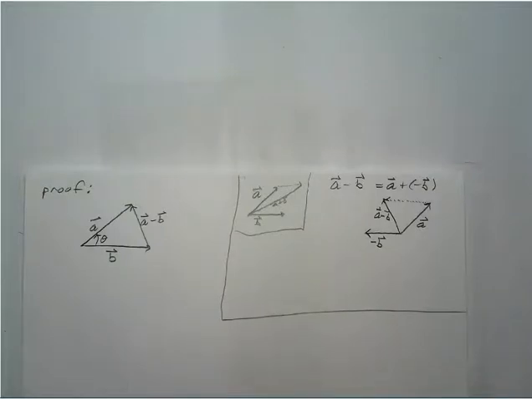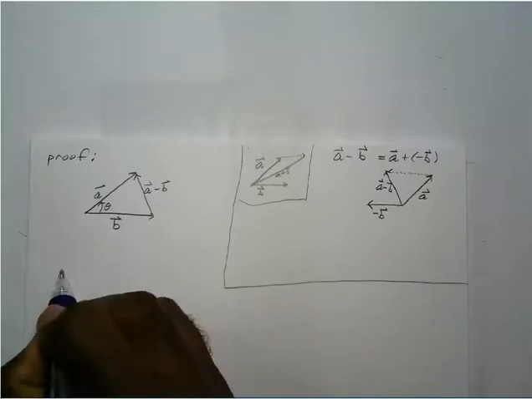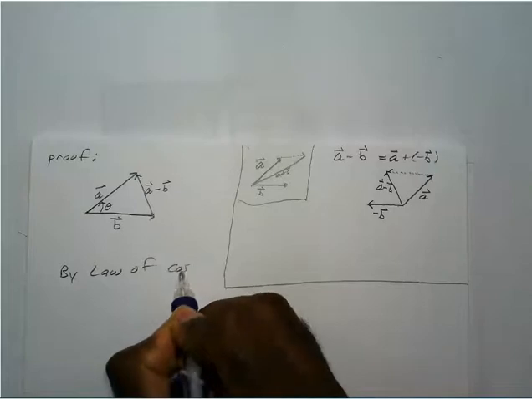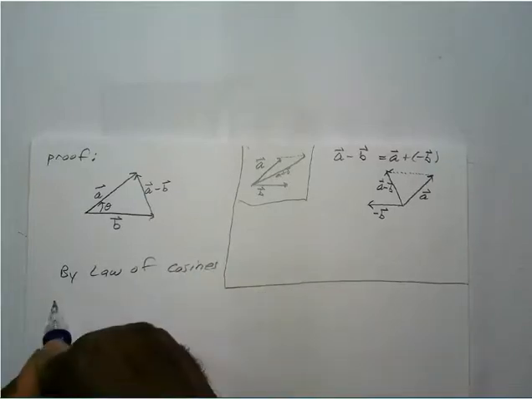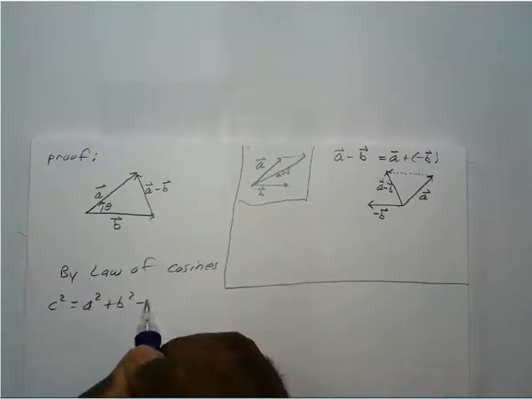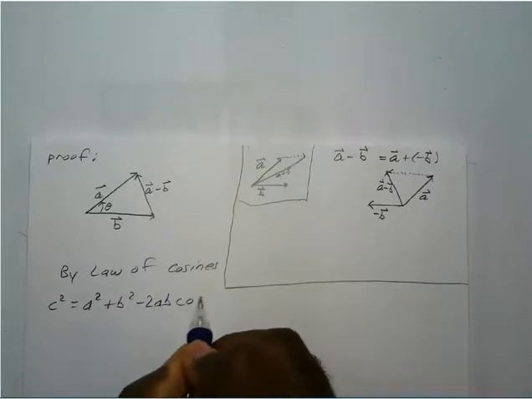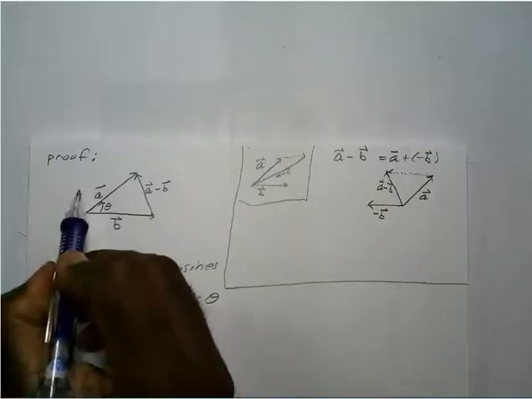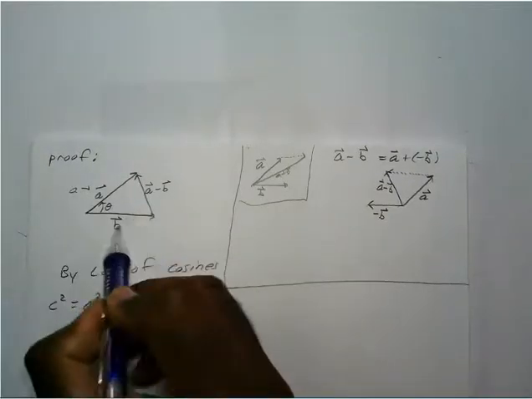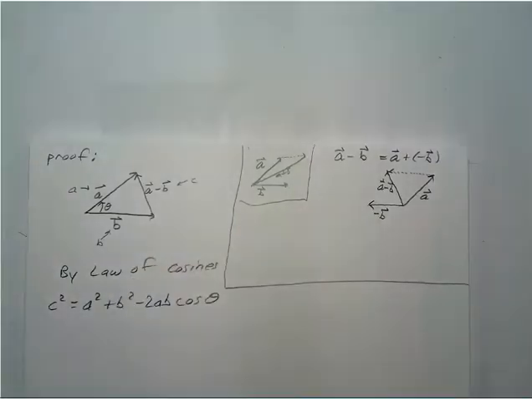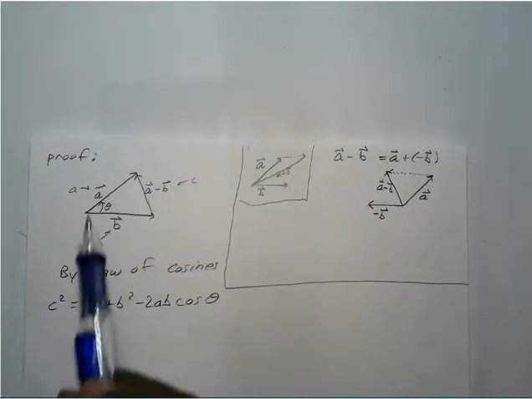Okay, so starting off, we know that by the law of cosines, c squared is equal to a squared plus b squared minus 2ab cosine theta. So if this is your A, this is your B, and this is your C, and of course theta is theta.